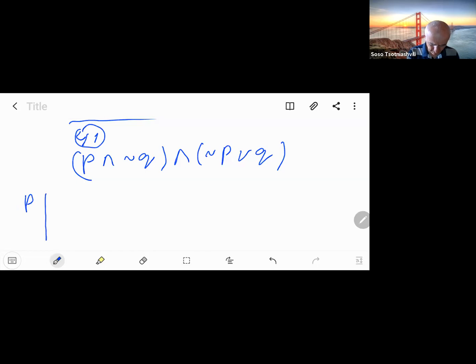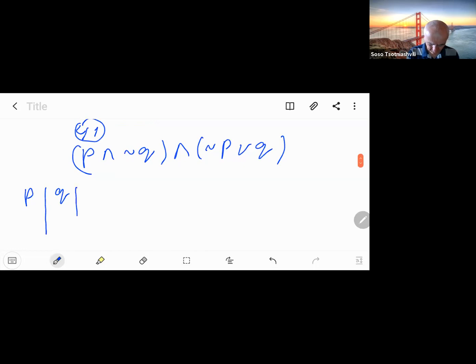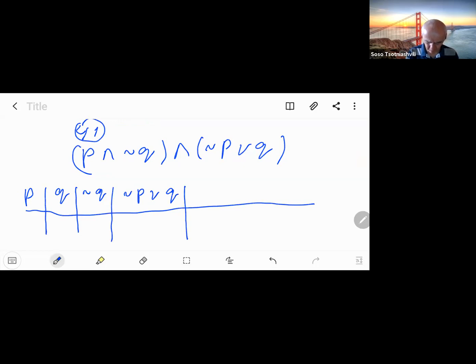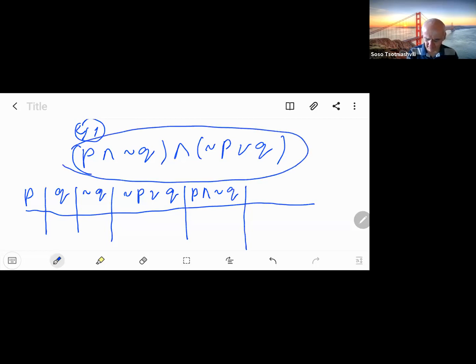So we have two variables, P and Q. We need not Q. We need not P or Q. And we also need P and not Q. And finally, we need this whole expression in the last column.